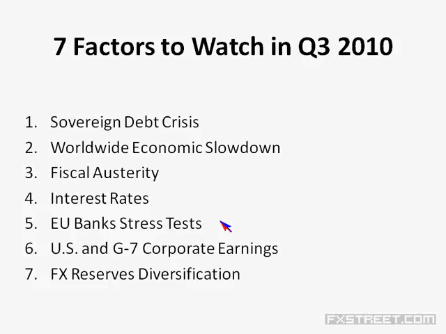We could see investor sentiment improve, ultimately leading to more investors willing to take on additional risk. But if the corporate earnings in the U.S. and the G7 countries are a disappointment, and we get okay earnings and maybe guidance that is a little bit more conservative for the upcoming quarters, hinting again at a possible slowdown to come in the future, then obviously that could have a negative impact on investor sentiment.